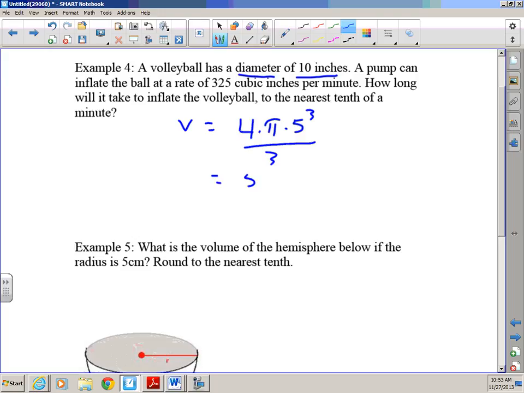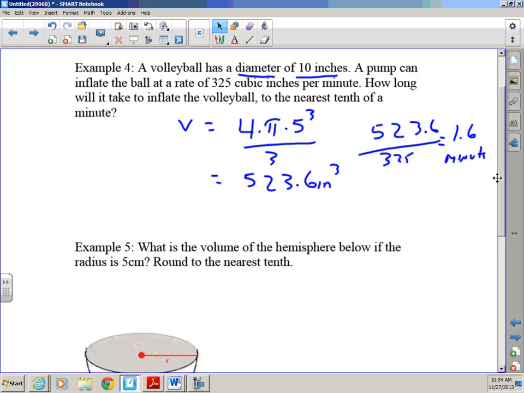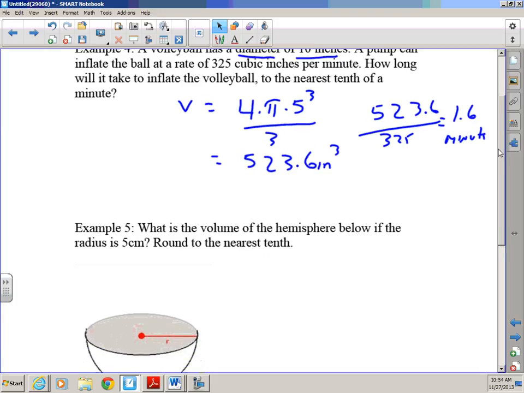So the volume is 523.6 inches cubed, okay? Now, that's how much air it will take. If it can do 325 per minute, what I want to do is divide that answer by 325, and I get that it'll take a little over a minute and a half. And that should make sense to you because after 1 minute, I'd have 325 in. After 2 minutes, I'd have 650 in. So I know I've got to be between 1 and 2 minutes.